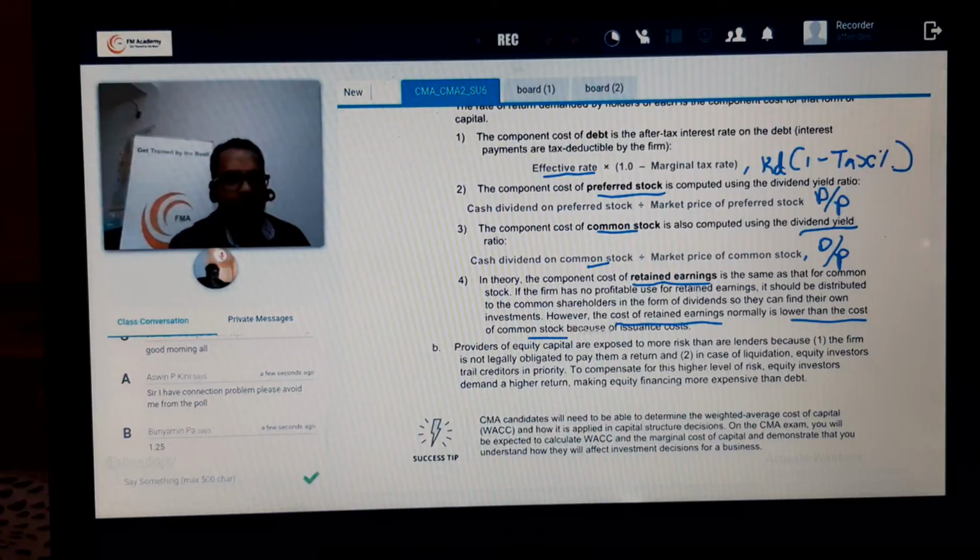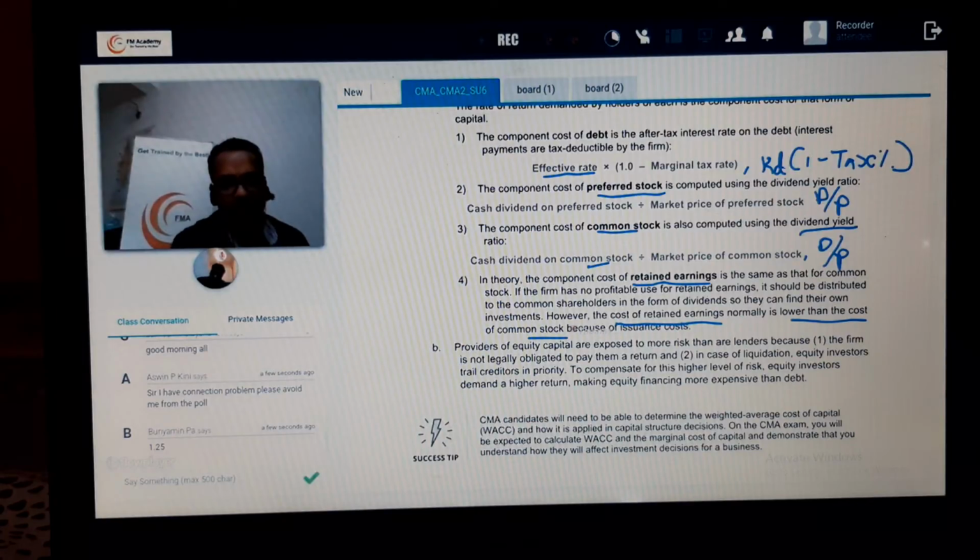If you want to invest in new shares, if you want to increase the number of shares, you have to go for a share issue to the public. There are flotation costs. You issue the share at 100, but you will be getting only 95 because there are issue costs.